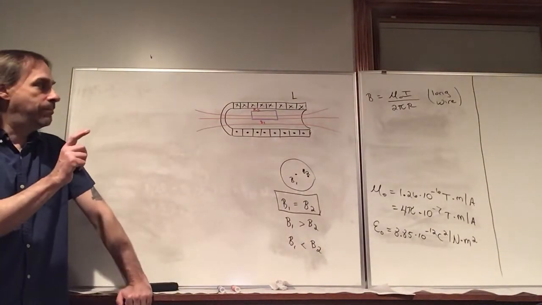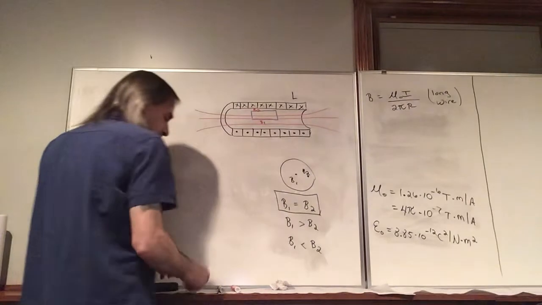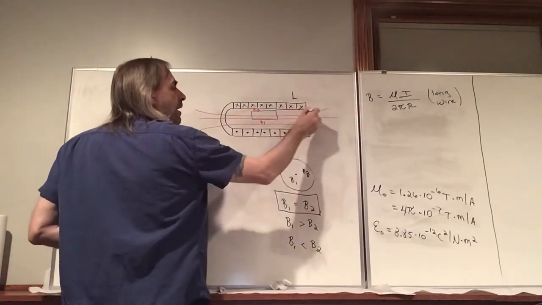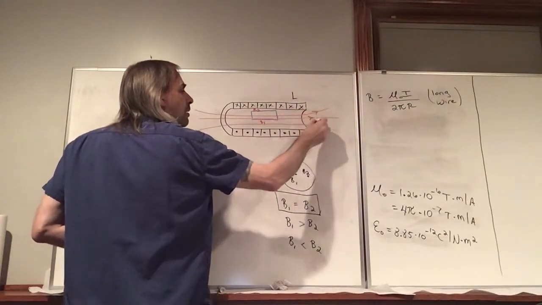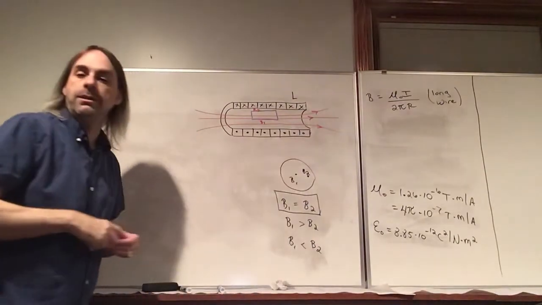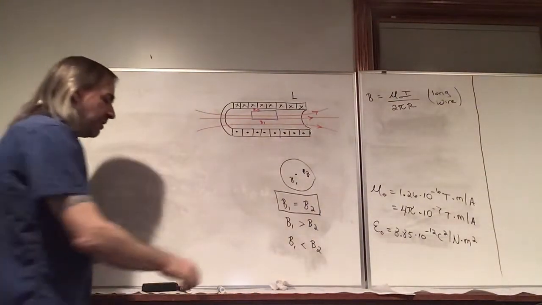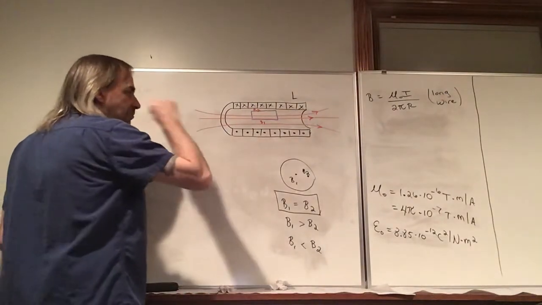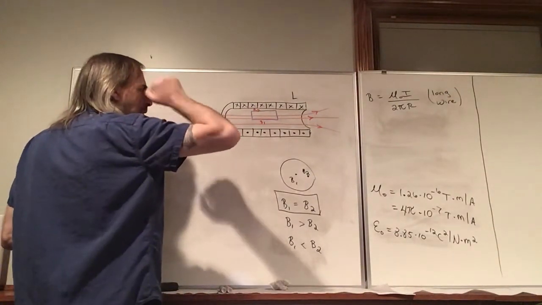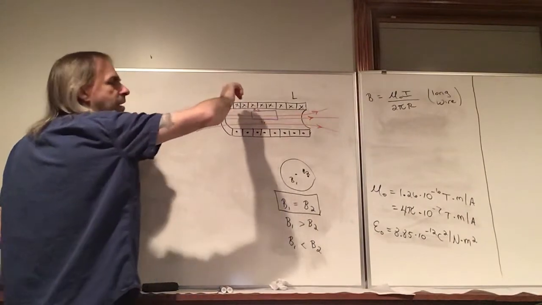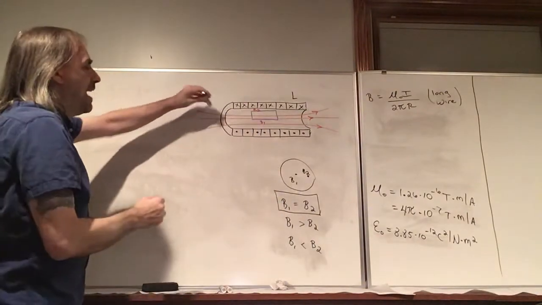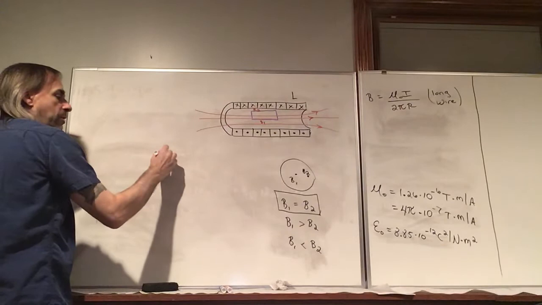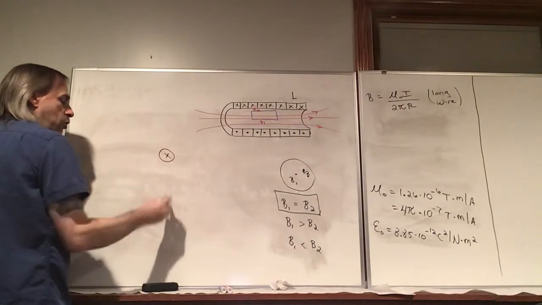And let me draw some arrows just to give the direction of the magnetic field lines. And that's determined by the direction of the current using the right-hand rule. Let's see, did I get this? Yeah. So if you look at a wire coming out the top, let's just look at one loop. We have a loop here.